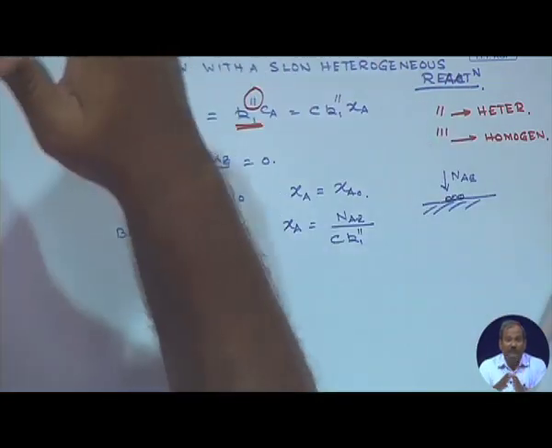If this does not happen, that is, if the amount of A that comes in from the bulk towards the catalyst surface and the rate at which it gets converted to products are not equal, then the concentration of A on the catalyst surface will keep on changing with time.